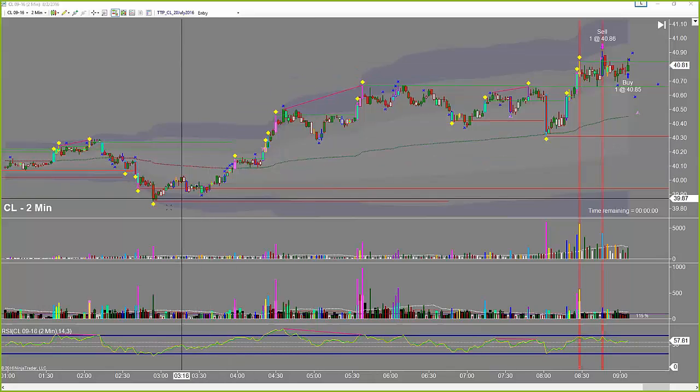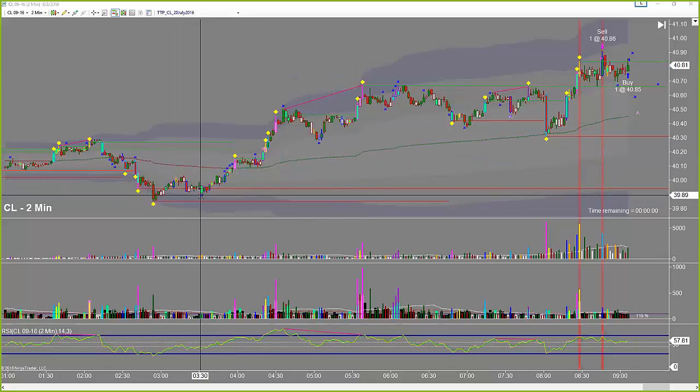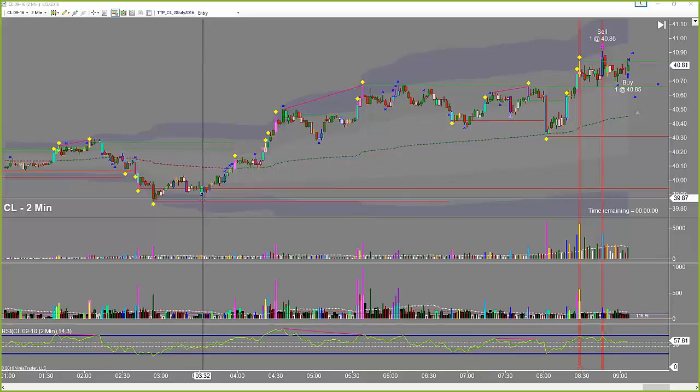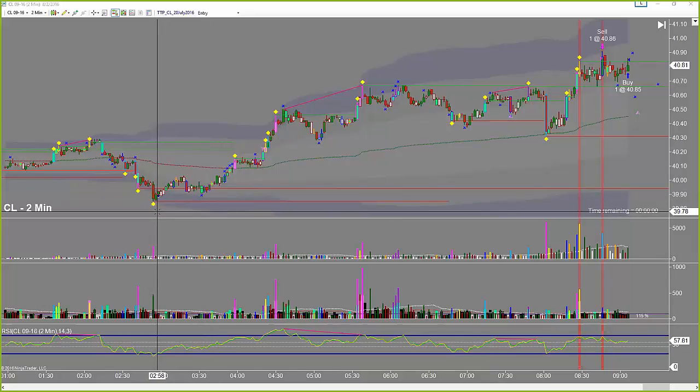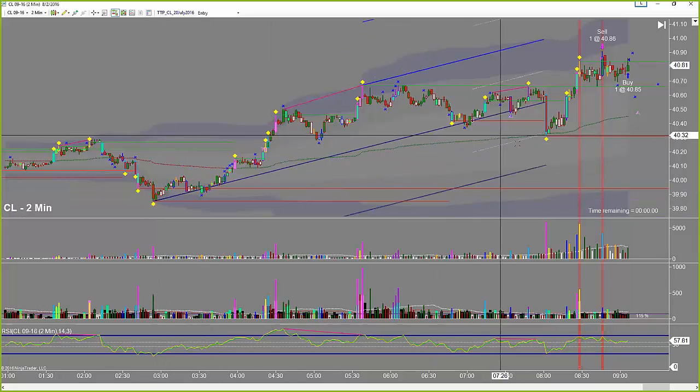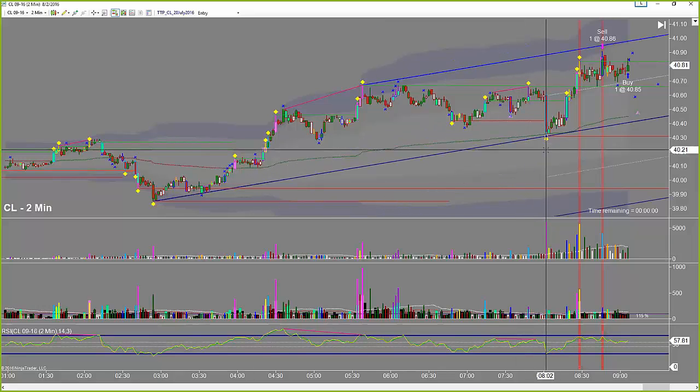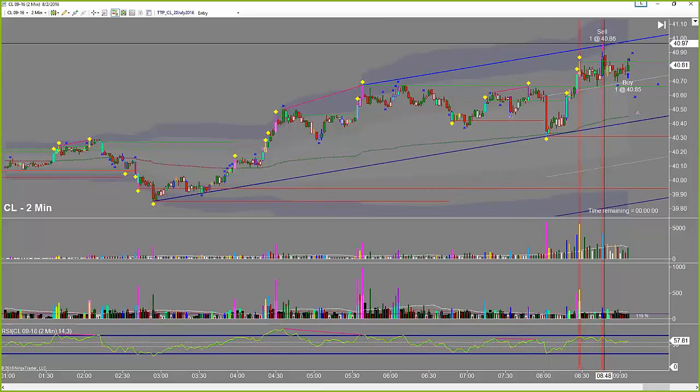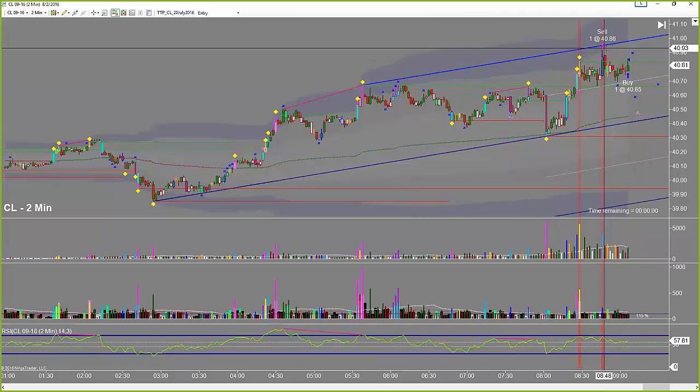I can draw from this low or I can draw from the higher low. Typically I'll draw from the higher low, but let's just draw from the ultimate low here. You see how we don't quite make it to the top of that channel? That's what I was wanting to short.